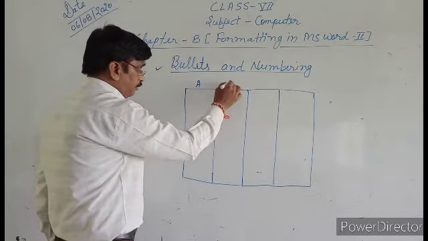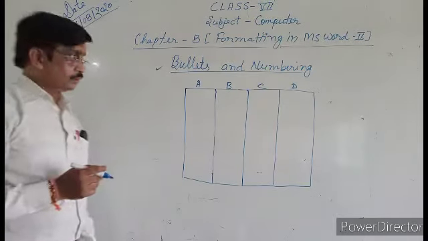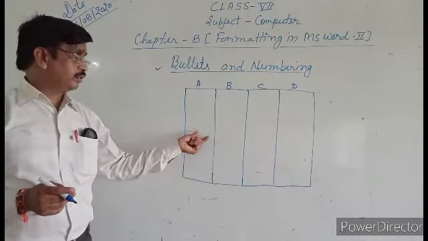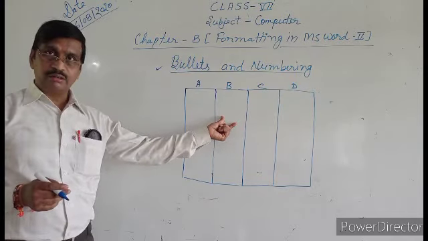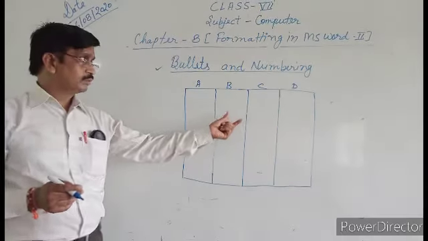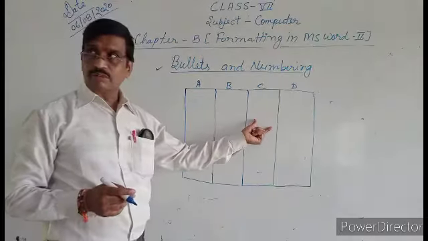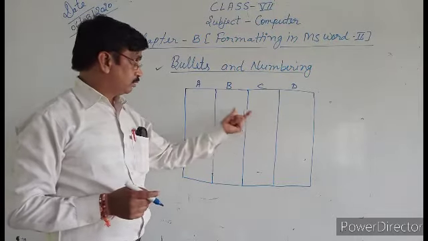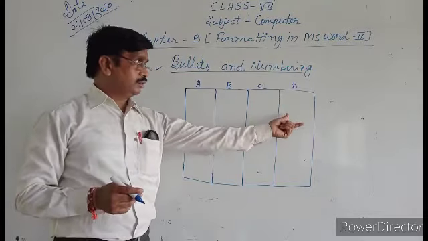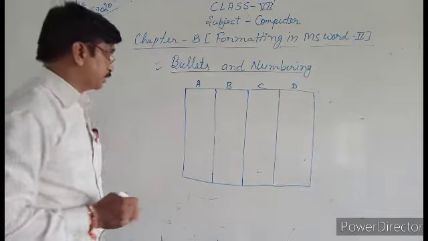Suppose column A, column B, column C, column D. Column A contains the name of the student, column B the name of the student's father, and column C contains different types of dates related to every student and the address related to the students.